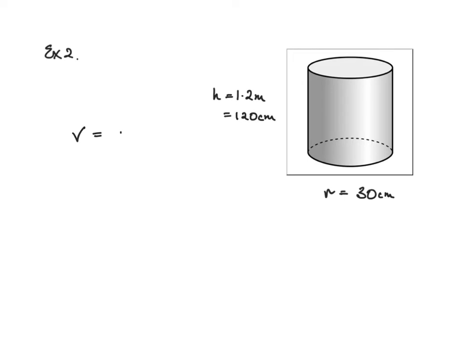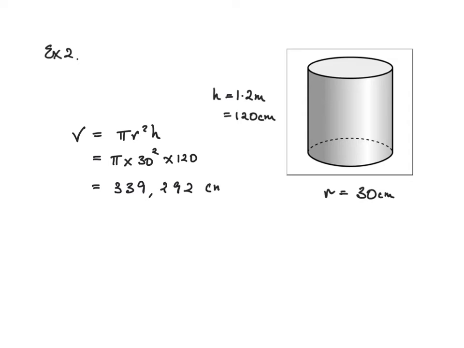Volume equals pi r squared h. So it's pi times 30 squared times 120. That gives us 339,292.